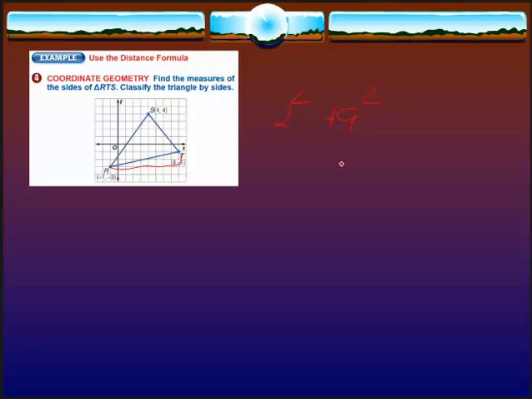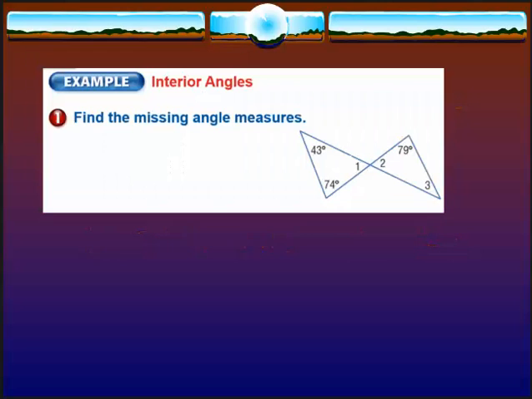Well, that's 81, and 4, definitely not the same as the other two. So all three of them came out differently, therefore it would be a scalene triangle. So you've got to be able to use your coordinate geometry.